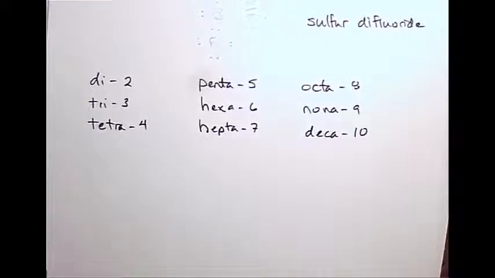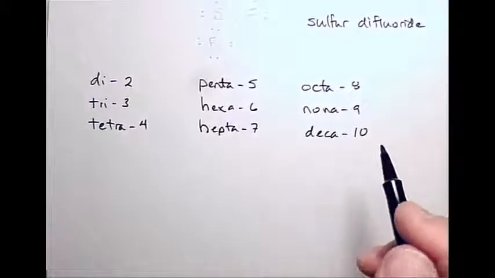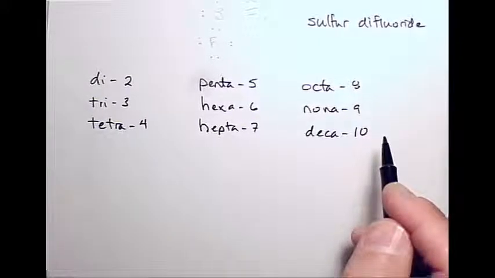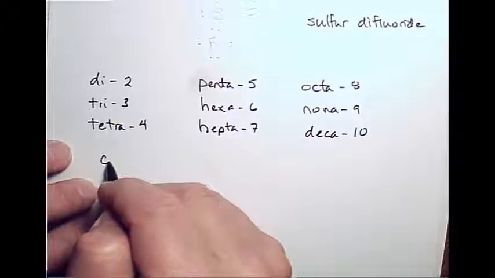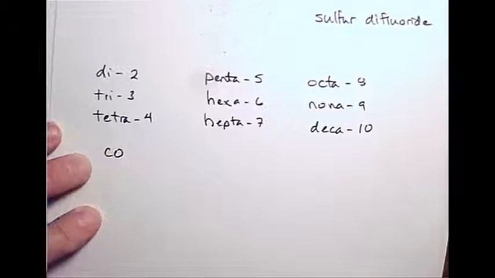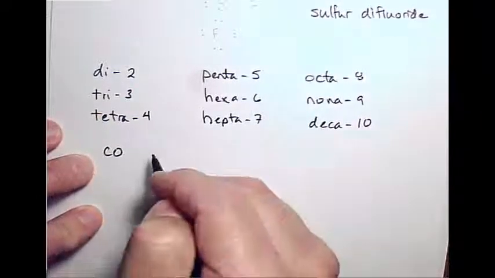Now, you notice I didn't list a prefix for 1. The prefix for 1 is very rarely used. The kind of exception to using the prefix for 1 is this formula here.